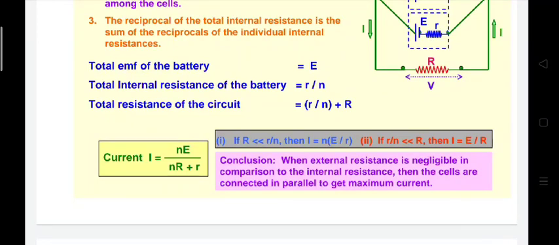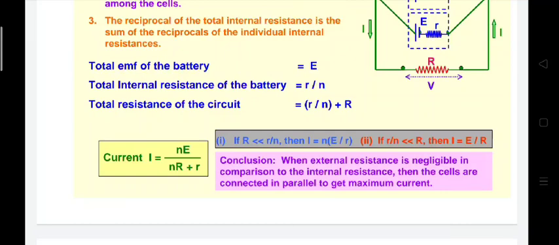Now here also there will be two conditions. If r, that is the internal resistance, is very small compared to the external resistance, in that case we will ignore the internal resistance. Then I will become equal to nE upon nR, n into external resistance. n cancels, then the current will be equal to E upon R, and E upon R is the current given by the single cell.